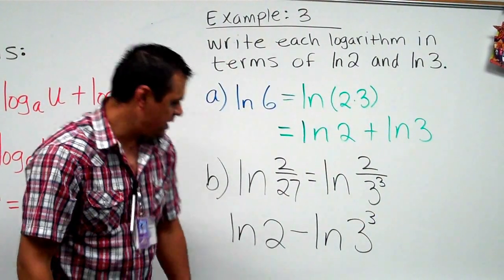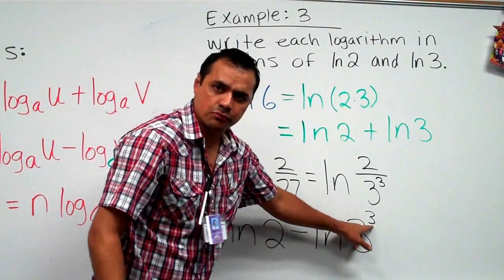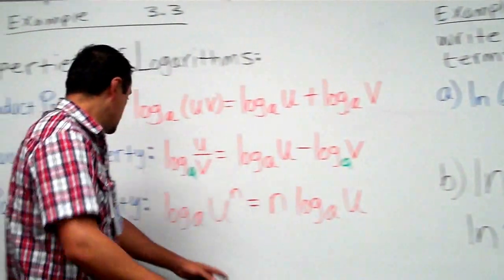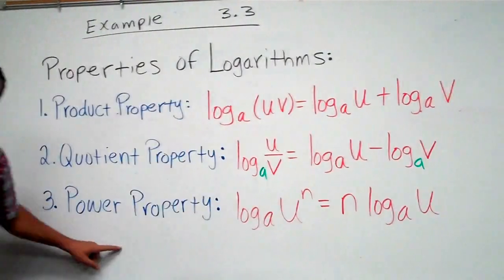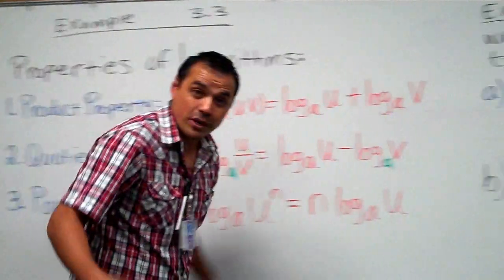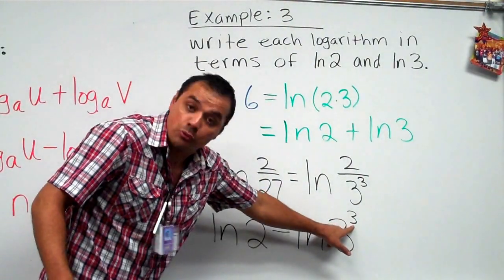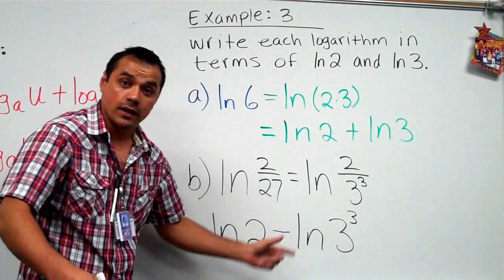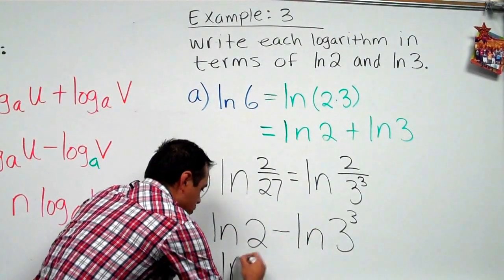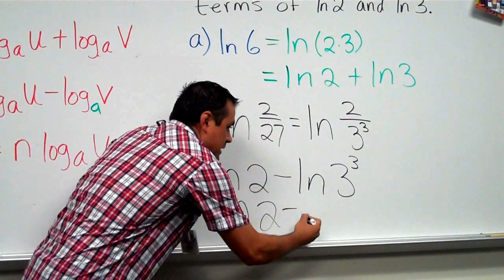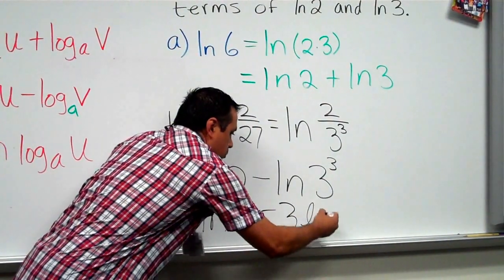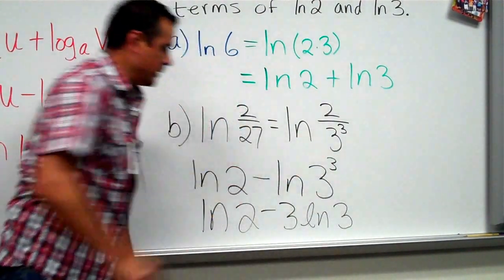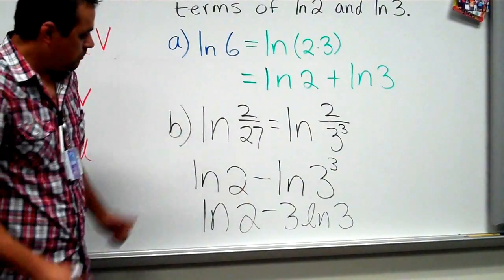However, you're probably thinking, well, wait a minute, what about that little 3 right there? Yeah, you're right. We still have to apply our power property. So all we have to do now to finish it is take our 3 and just put it in front. And that is going to be our final answer. Natural log of 2 minus 3 natural log of 3. I know it's a little low right there, but there it is.